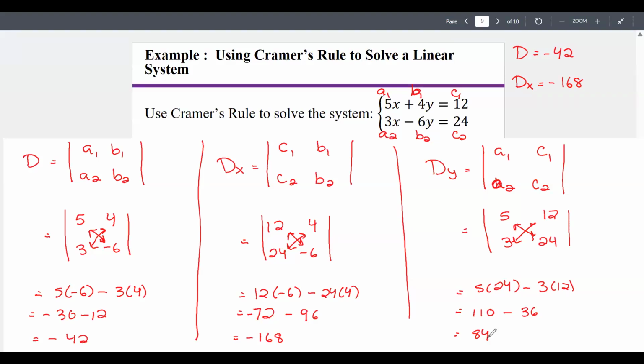Wait a second, I just want to make sure I didn't make a mistake there. Yeah, this should have been 120, as I said, something didn't look right there. 120 minus 36, and then you're going to end up with 84. So dy is going to be 84.